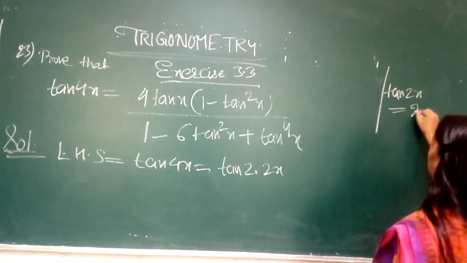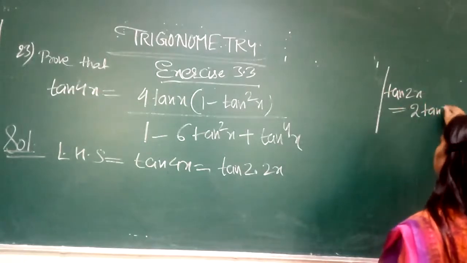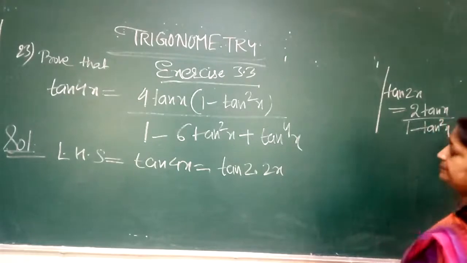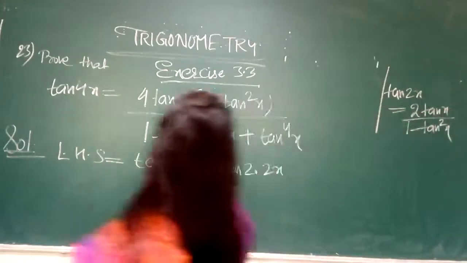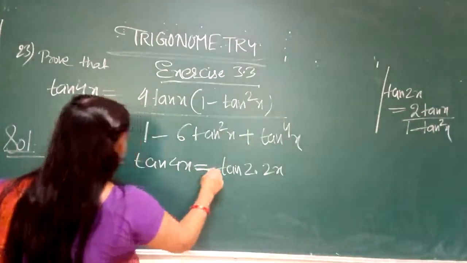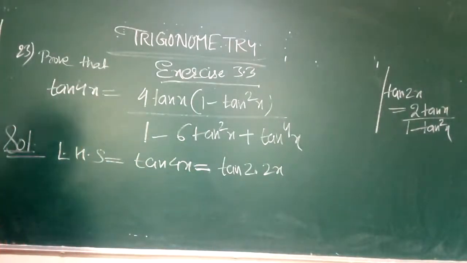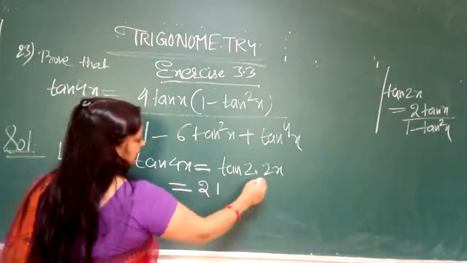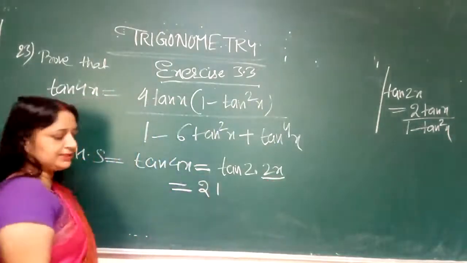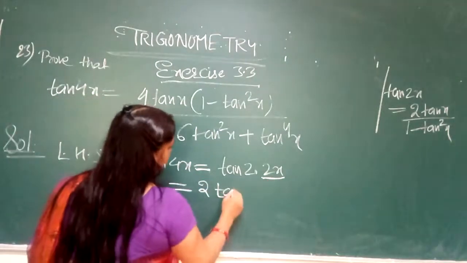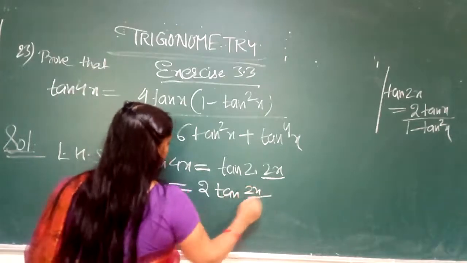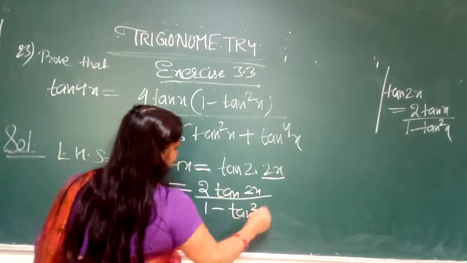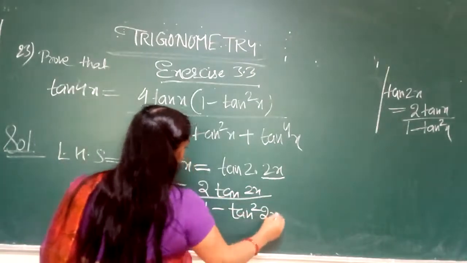That is equal to 2 tan x upon 1 minus tan square x. So here we will apply the formula. This is tan 2 into 2x. So here what will come? 2 tan 2x upon 1 minus tan square of 2x.